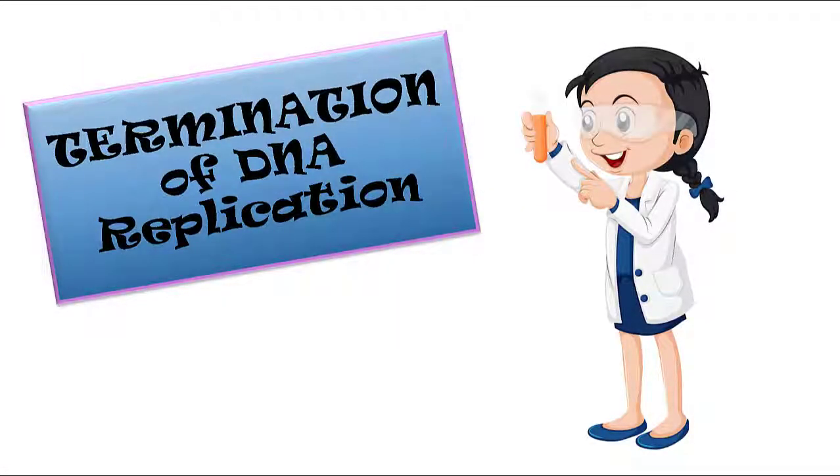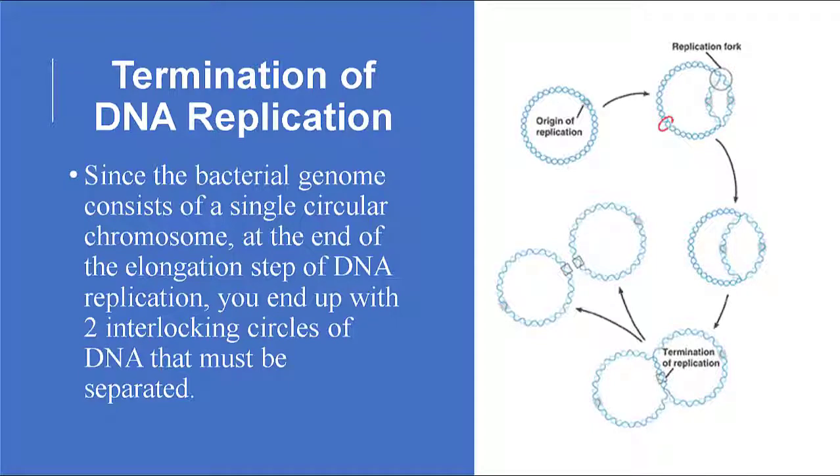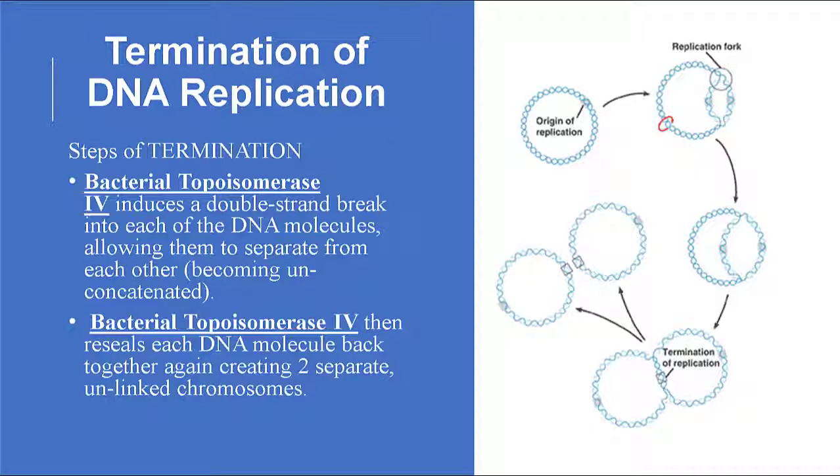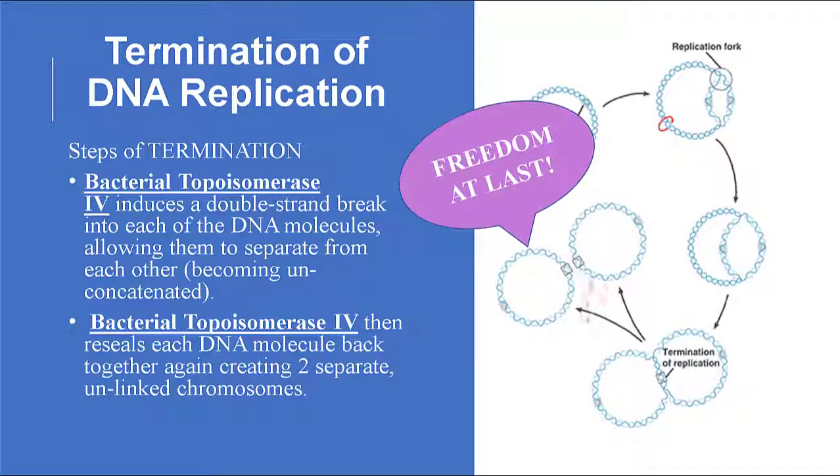Termination of DNA replication. Since the bacterial genome consists of a single circular chromosome, at the end of the elongation step of DNA replication, you actually will end up with two concatenated, or interlocking, circles of DNA that must be separated. Here are the steps of termination of DNA replication in bacterial cells.